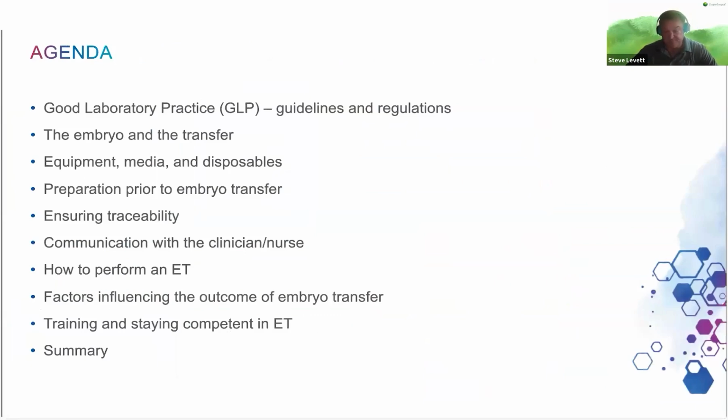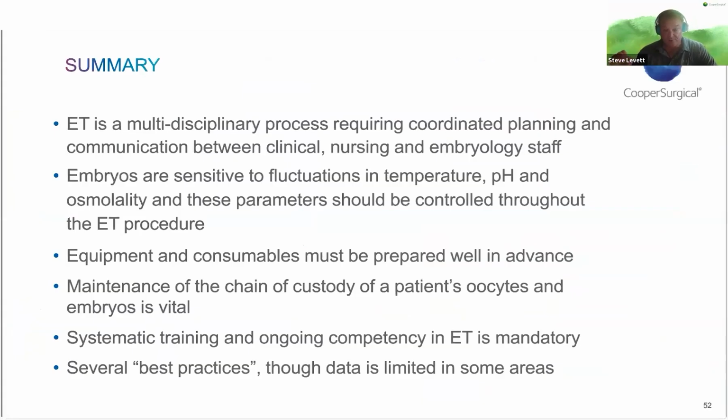So in summary, embryo transfer, the way I look at it, is one of the most critical procedures that we carry out in the IVF clinic. The clinical team work extremely hard to give us the best quality oocytes coming into the lab. So we've managed and refined stimulation protocols over the years, so that hopefully coming into the lab are high quality oocytes that we can work with.